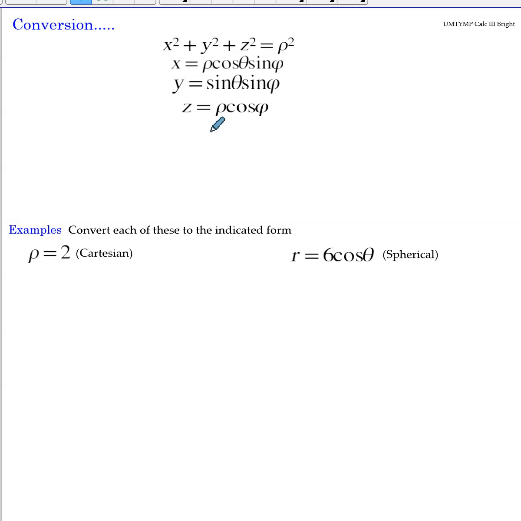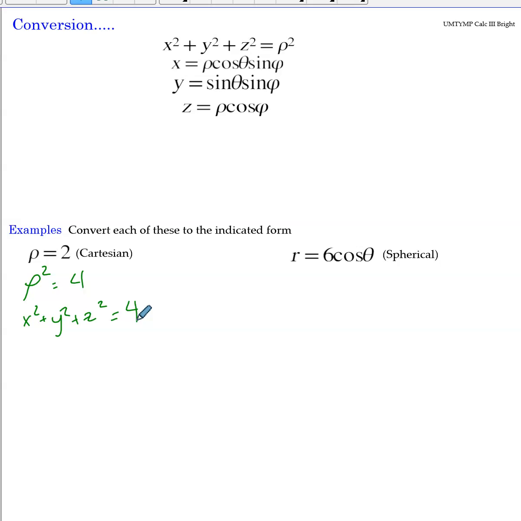Okay, so if we want to convert this one into Cartesian, well, the first one is actually kind of easy. You square both sides, so let's do rho squared is equal to 4, and then this is x squared plus y squared plus z squared is equal to 4. Okay, converting that into Cartesian isn't that bad.